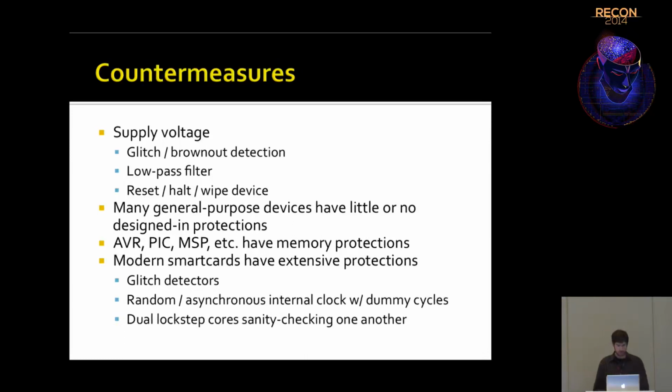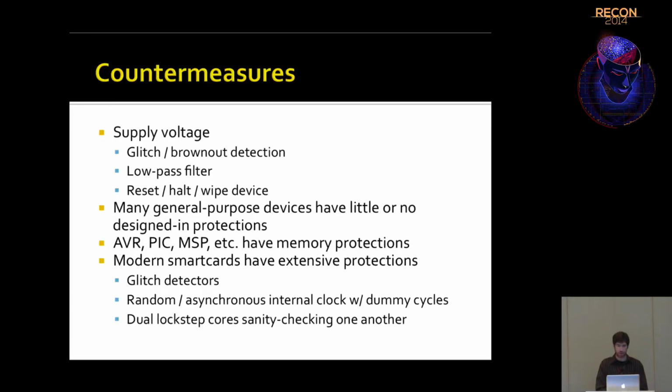Many general purpose devices have little or no designed-in protections, so that shouldn't stop you from attempting these attacks on different devices. AVR, PIC, TI MSP, for example, do have memory protections, lock bits, and stuff like that. So some of the manufacturers are trying.